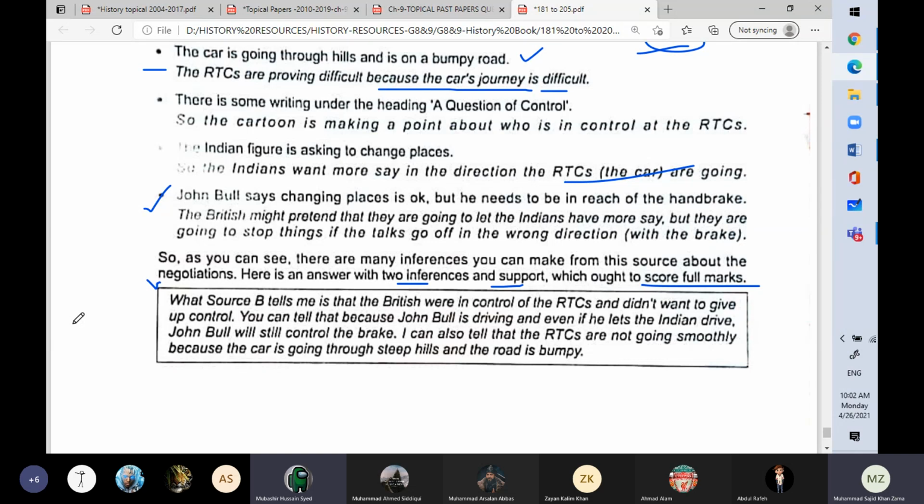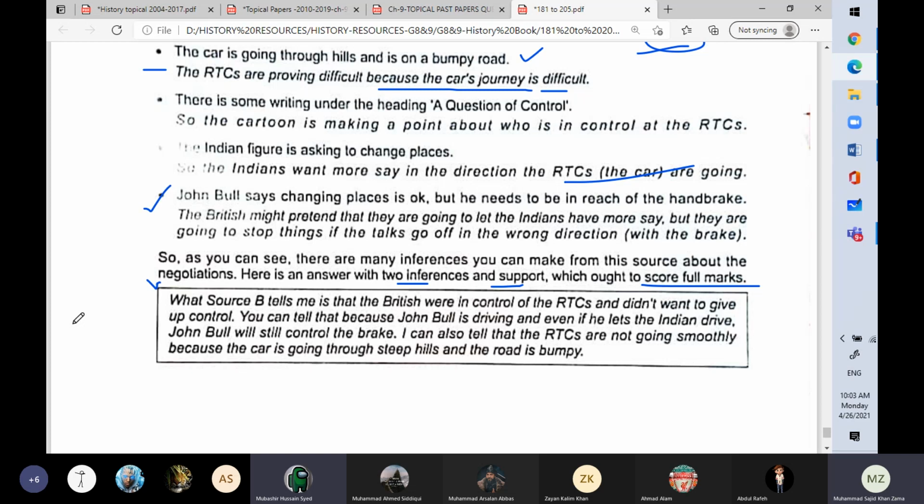Okay, so what Source B tells me is that the British were in control of the RTCs and didn't want to give up control. You can tell this because John Bull is driving, and even if he lets the Indian drive, John Bull still controls the brakes. I can also tell that the RTC is not going smoothly because the car is going through a steep hill and the road is bumpy.